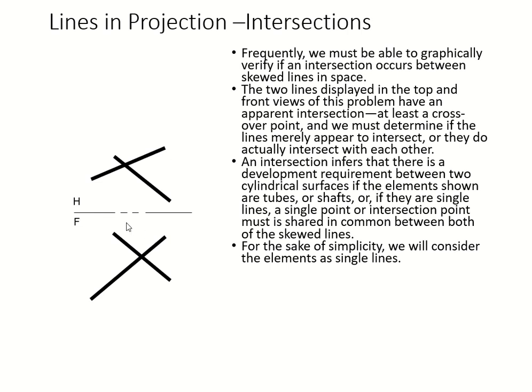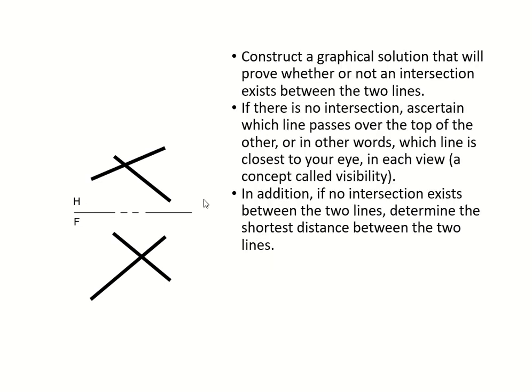But of course, we're going to start with actual lines, the simple single lines. We have to think about whether or not an intersection exists between the two lines. That's our goal to determine. If there's no intersection, we have to determine which line passes over the other, whether this is on top of that, or that is on top of this.